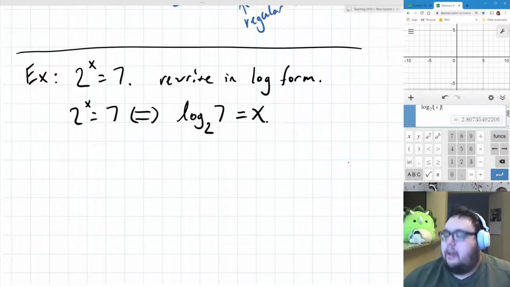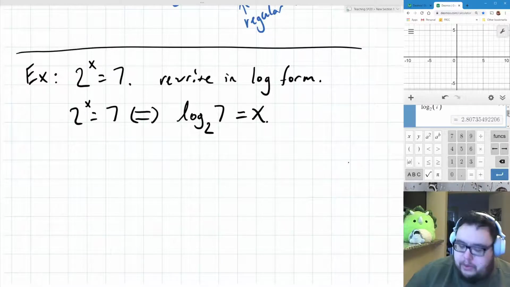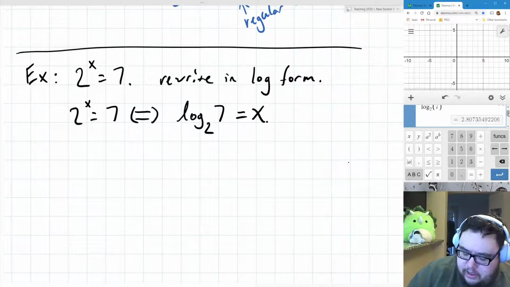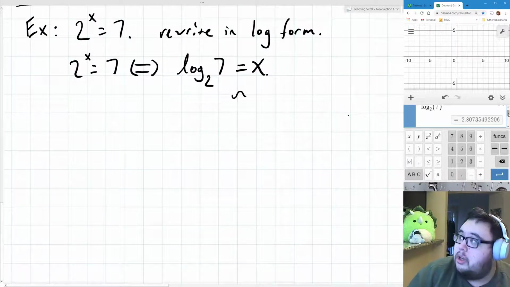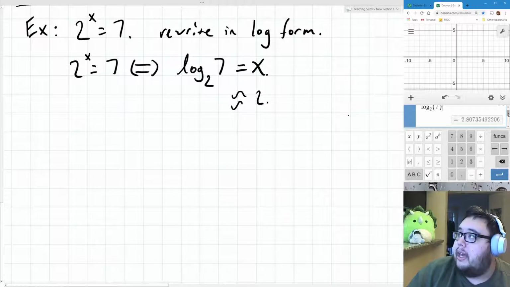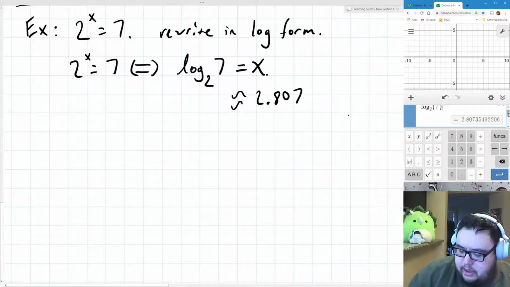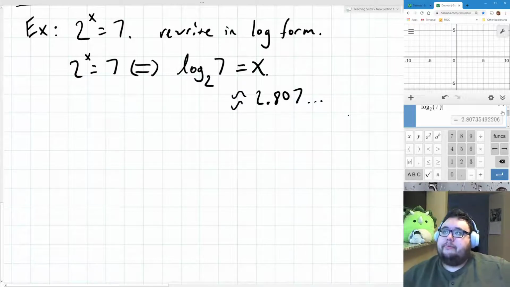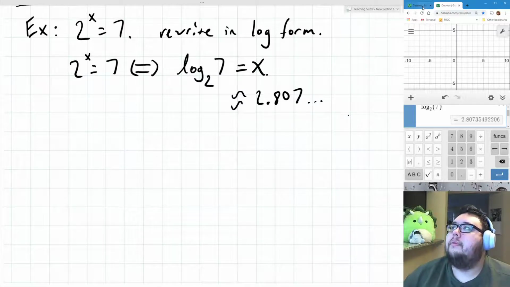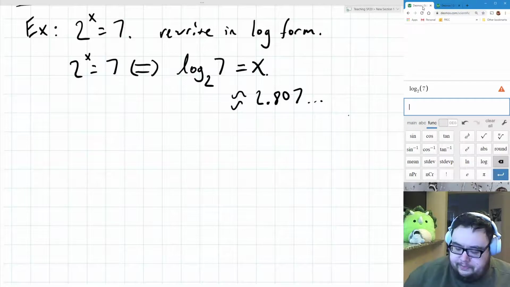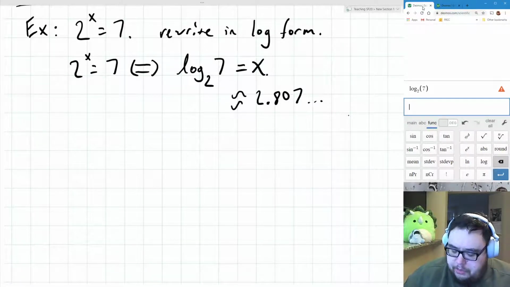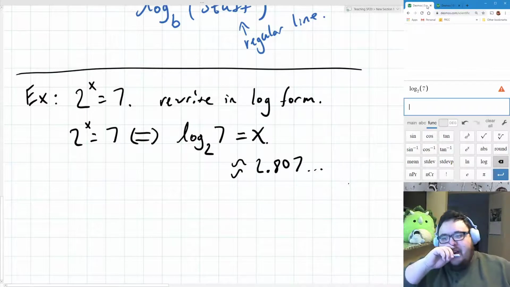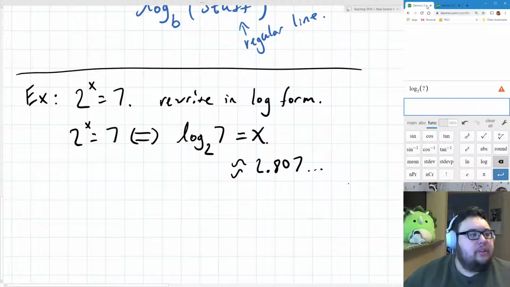So not the scientific version, but the graphing one will. So log base 2 of 7 is about 2.807. So it is somewhere between 2 and 3, a little closer to 3 than 2, which makes sense. 7 is a little closer to 8 than 4.